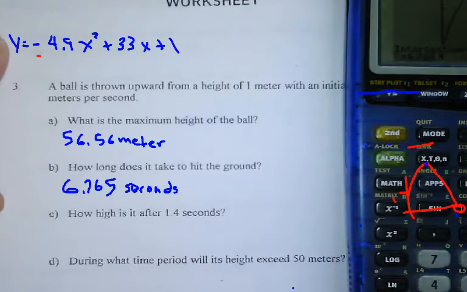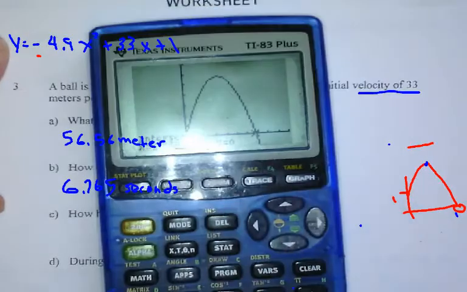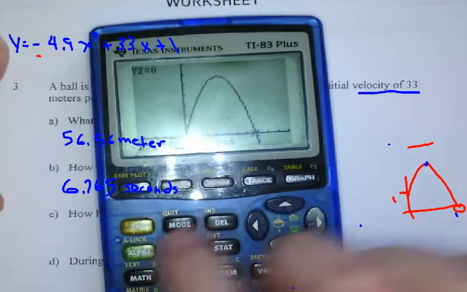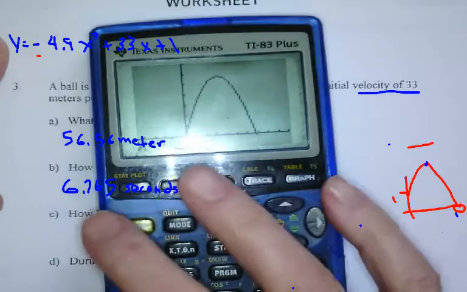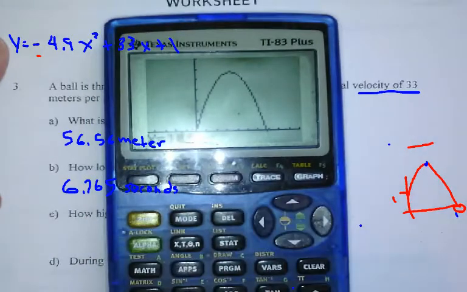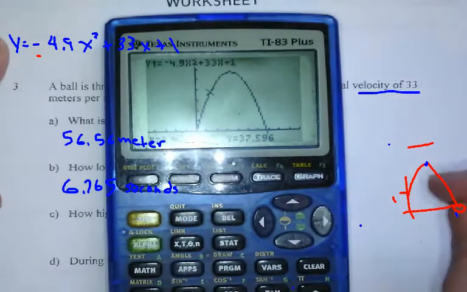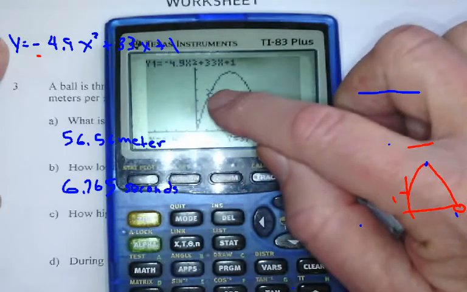How high is it after 1.4 seconds? I go to the calculate menu. It's the value button, the very first one. I say 1.4. And you can see it's on its way up, right?